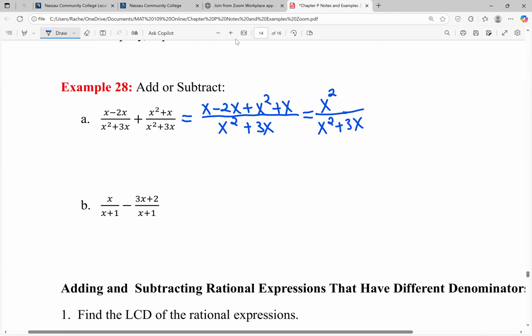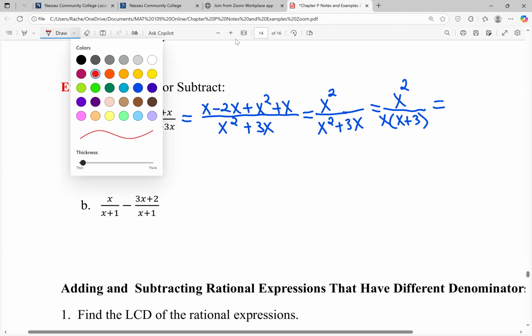The other way we could have done this is what we were doing in the last lecture when we were simplifying rational expressions. Factor each numerator and denominator if possible. So look, we could factor the denominator. I could factor out an x, and then we're going to have x plus 3. And I see I have a common factor, right?